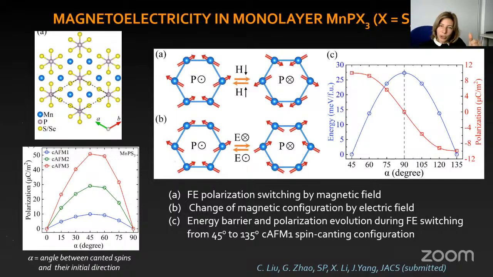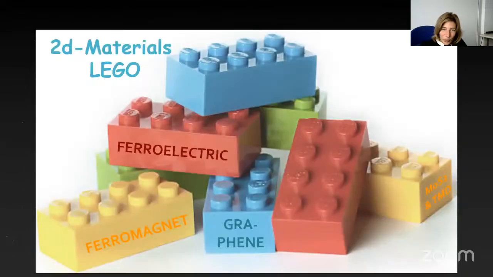And also you can switch, of course, this polarization by inverting the direction of the magnetic field. So in this way, basically, we proposed a class of material in which you don't have multiferroicity, but you can have some improper magnetoelectricity.